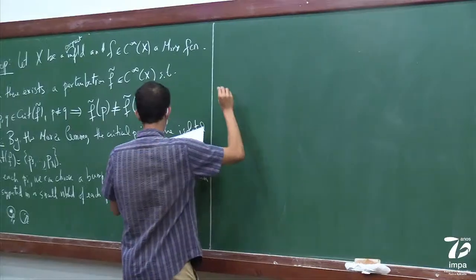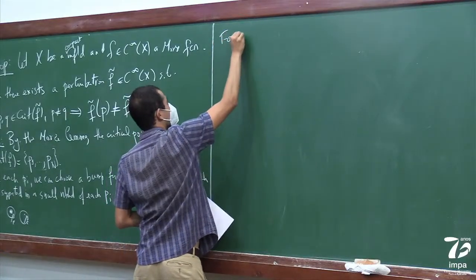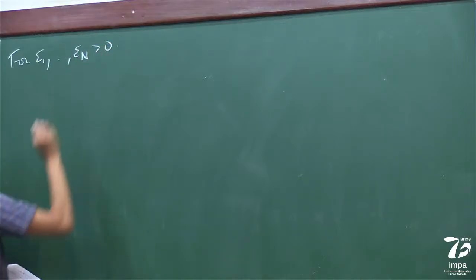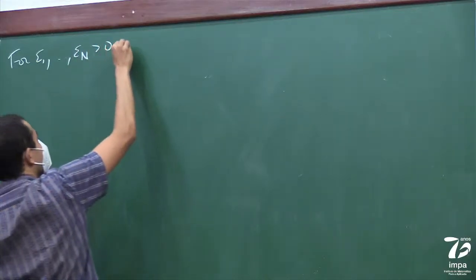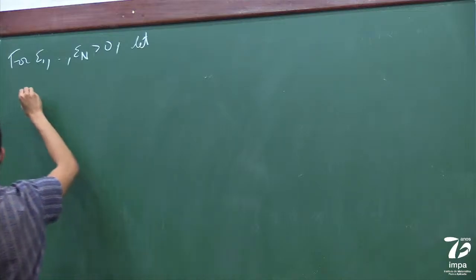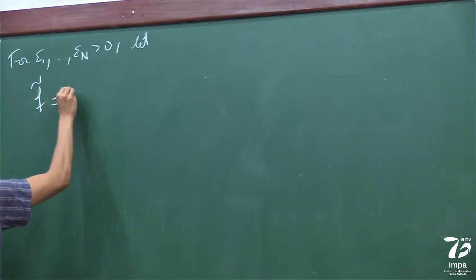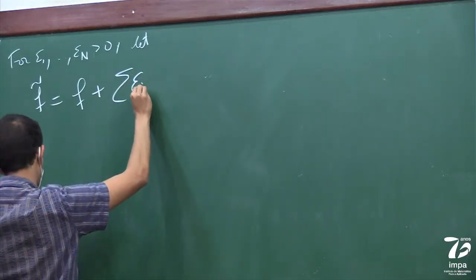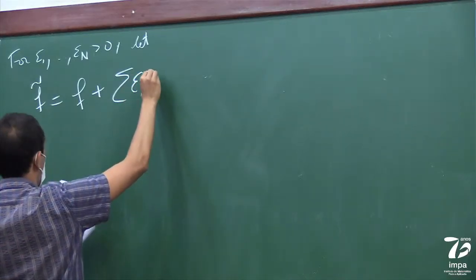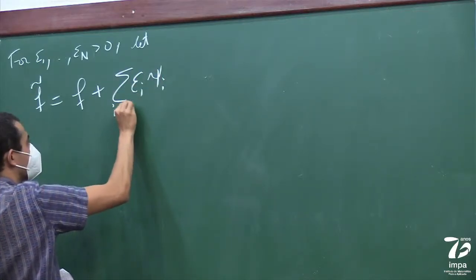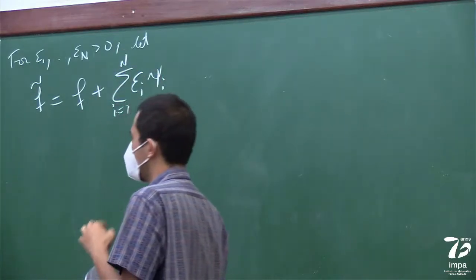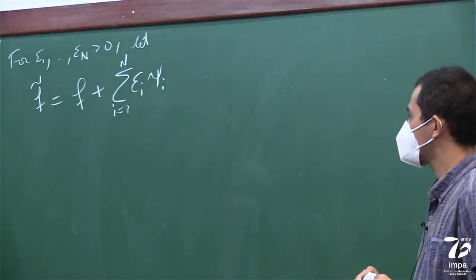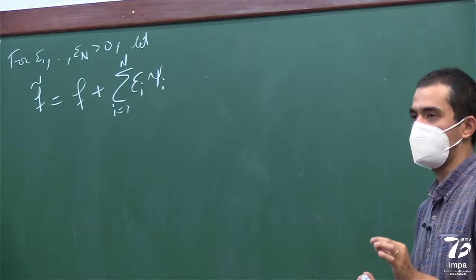So now, for positive numbers epsilon_1 through epsilon_n, we can let f tilde be simply f plus the sum of epsilon_i psi_i for i equals 1 to n. So you can perturb your function a little bit, and that's almost the end.